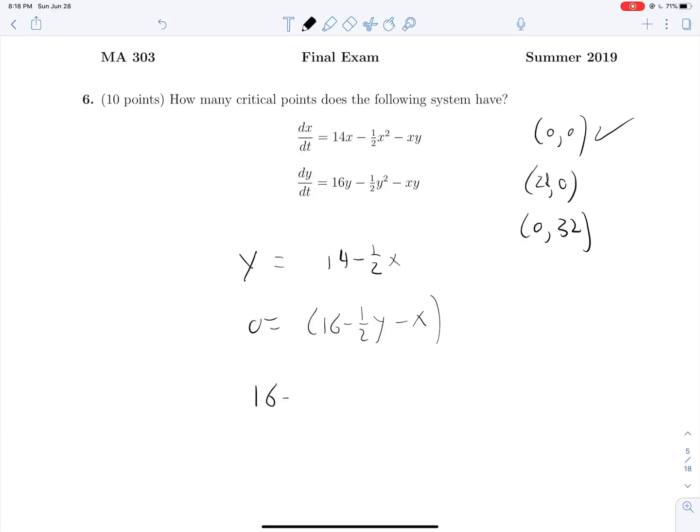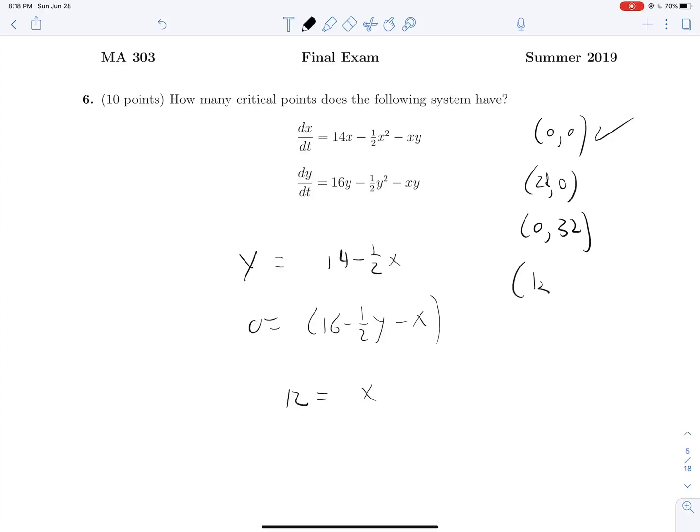So 16 minus 1/2 times 14 is minus 7, plus 1/4 x minus x. So that's minus 3/4 x is equal to 0. 16 minus 7 is 9. We will set these equal to each other. Multiply by 4, 36, divide by 3 is 12.